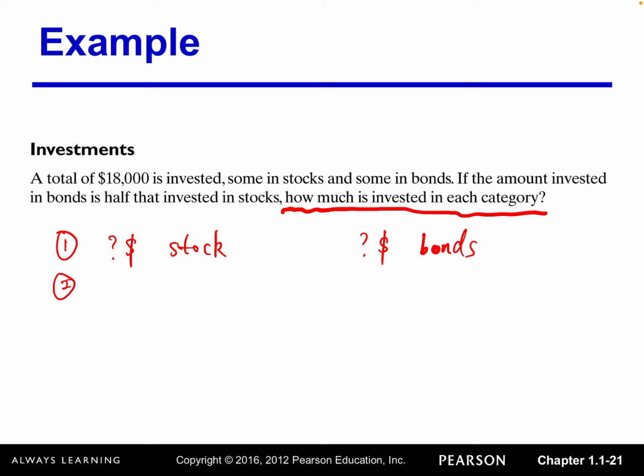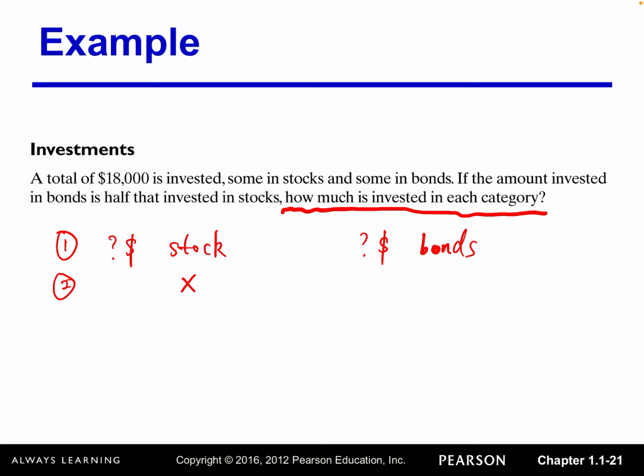So we have 2 unknown quantities. You need to assign variable x to either quantity. It doesn't matter really which one you assign x to. Let me just let X represent the amount of money invested in stocks. So how to represent the amount of money buying the bonds?